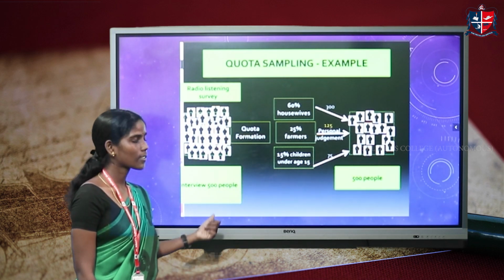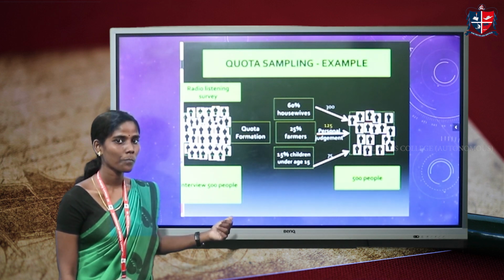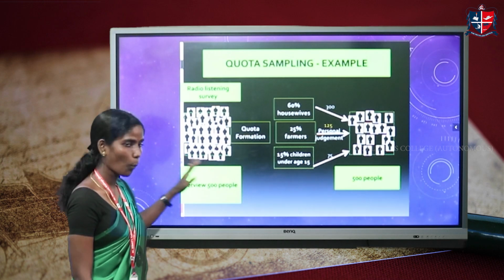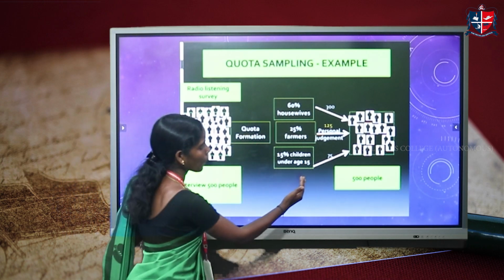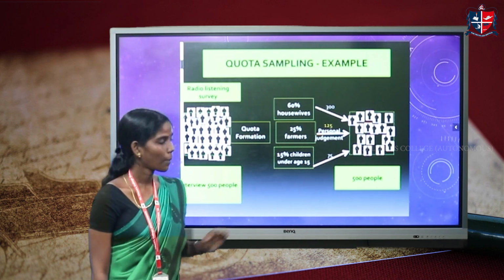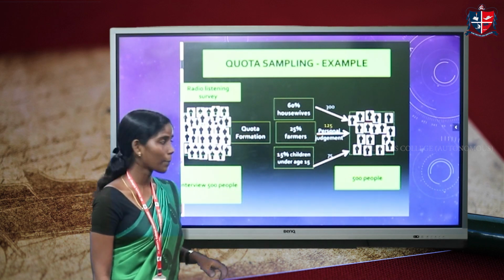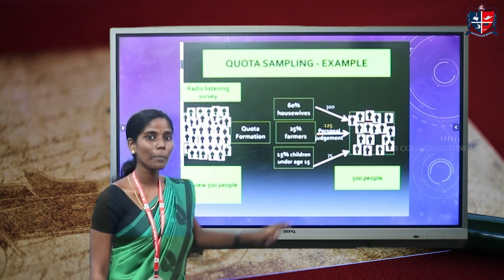You can see a similarity with stratified sampling. What is the similarity? In case of stratified sampling, the population is given and we are dividing it into subgroups. Up to this stage, it is similar. But after this, it is different. In case of stratified sampling, we are taking the units from each subgroup on a random basis.